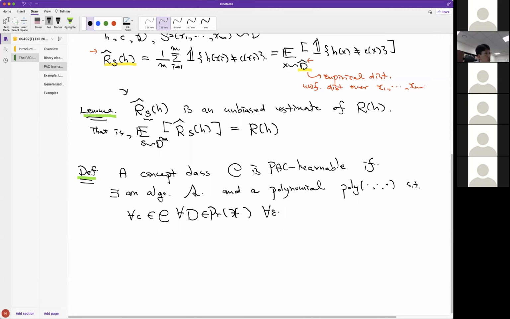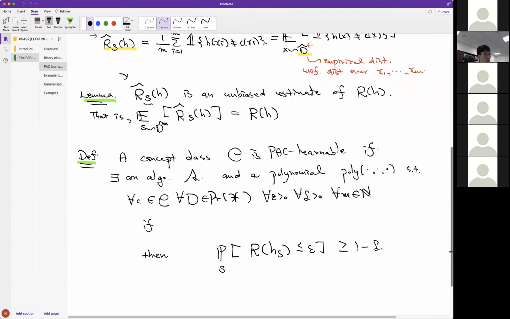So there's an epsilon and there's a delta, and we also talk about the number of samples m. And you say if a certain condition is true, then the probability that the risk of h of S exceeds epsilon is at most delta.